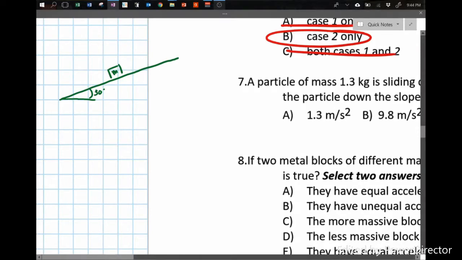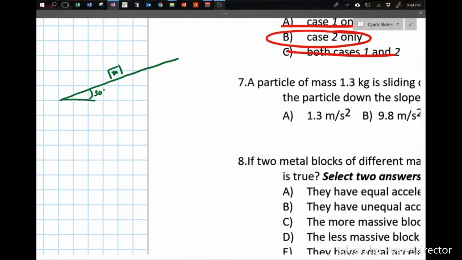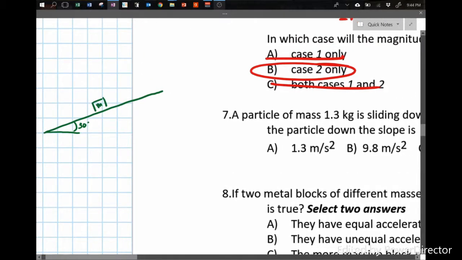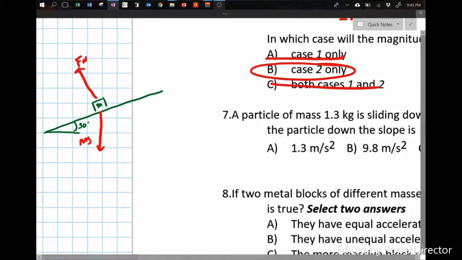So the only forces we have acting on it are the weight of the object, that's straight down, and the normal force, kind of up at an angle, because it's 90 degrees to our surface. Now looking at this, we need to talk about the parts of weight to figure out what's going on.